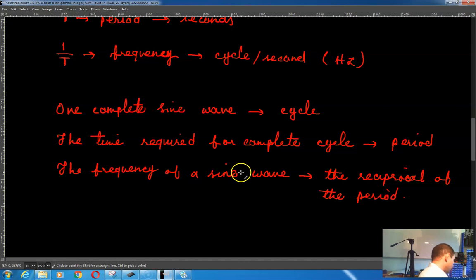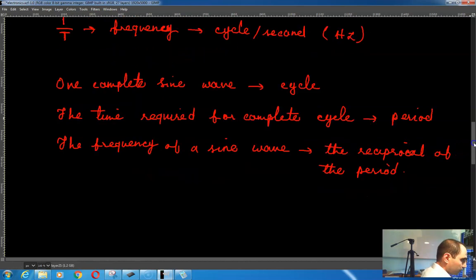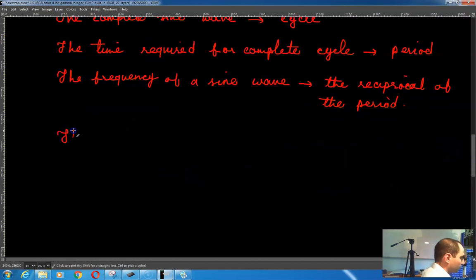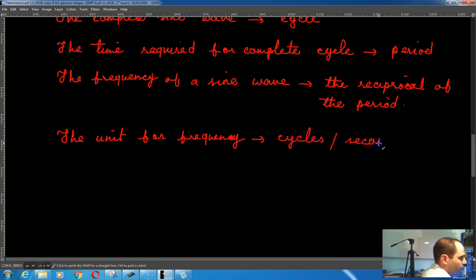And then the unit for frequency would be cycles per second, or you can call it hertz, which is also denoted by Hz, right?